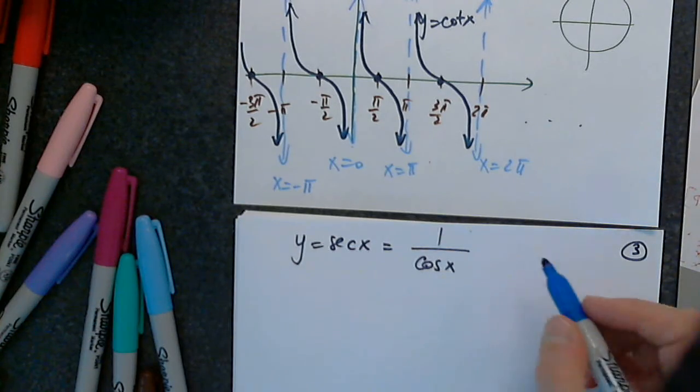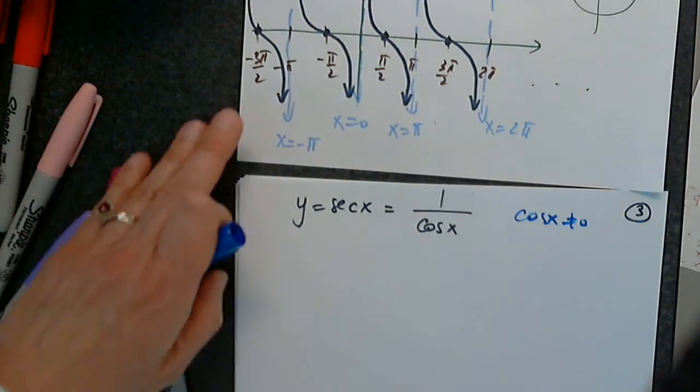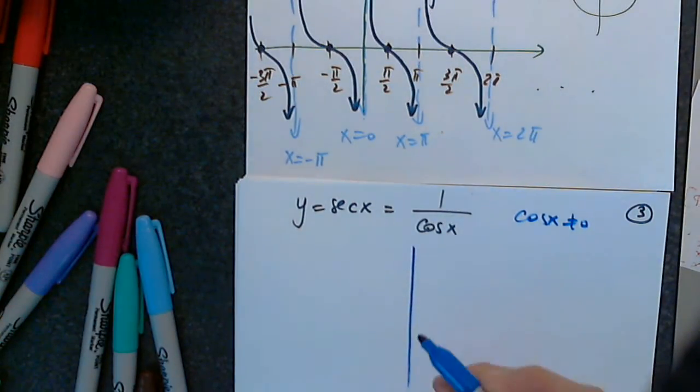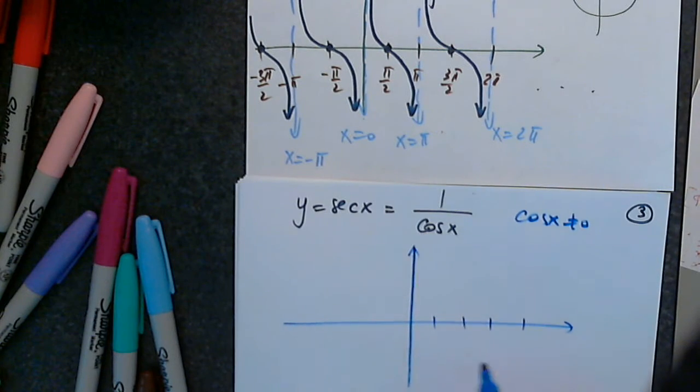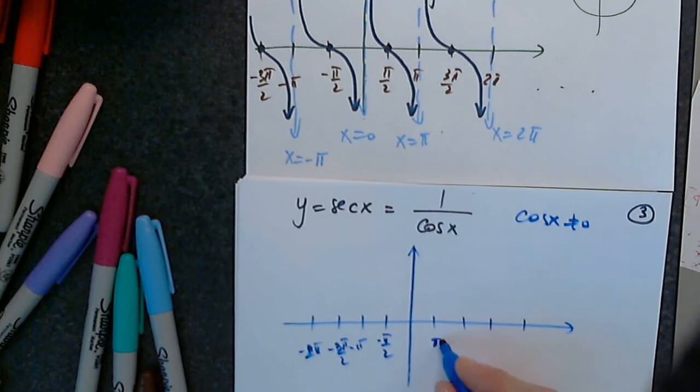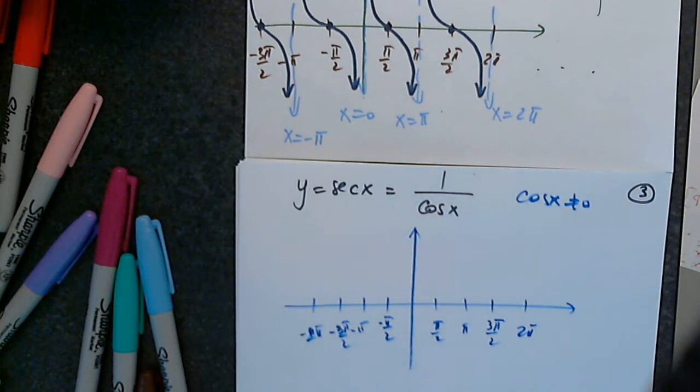Cosine x cannot equal 0. Very good. So let's look at the graph. Negative pi over 2, negative pi, negative 3 pi over 2, negative 2 pi, pi over 2, pi, 3 pi over 2, and 2 pi.